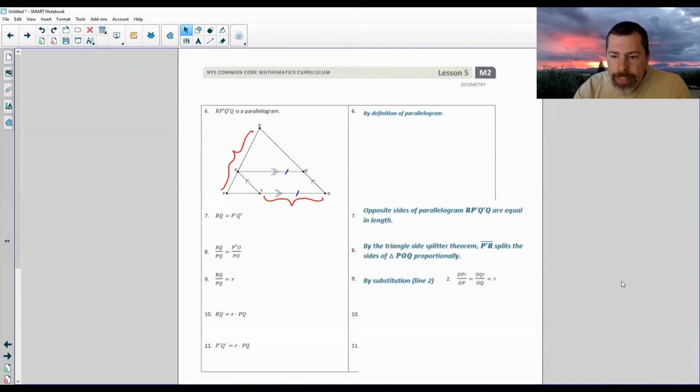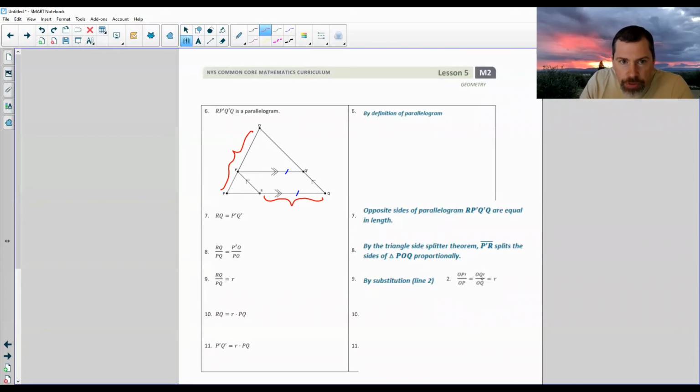Okay, so I brought in that from line 2, the prior page, which said OP prime is to OP. OP prime is the whole thing, as OQ prime is to OQ equals R. So since one side of the smaller is proportional to the larger, then it works for all sides. And that's why we're substituting in from line 2. So what is being substituted?